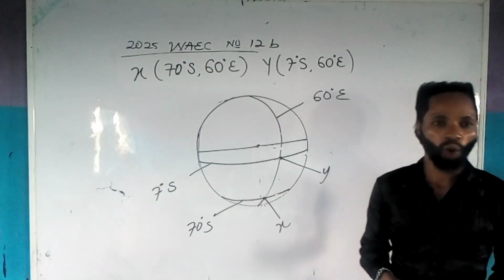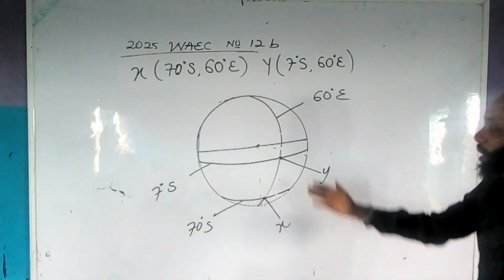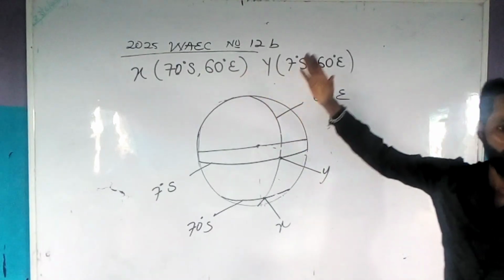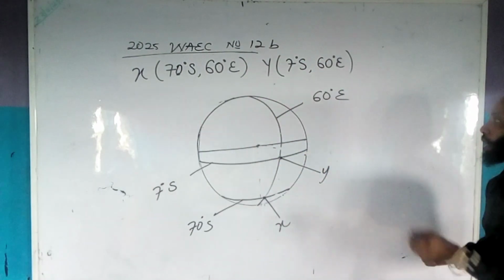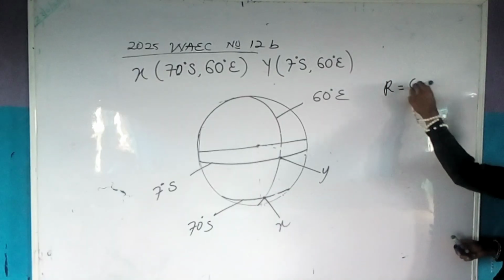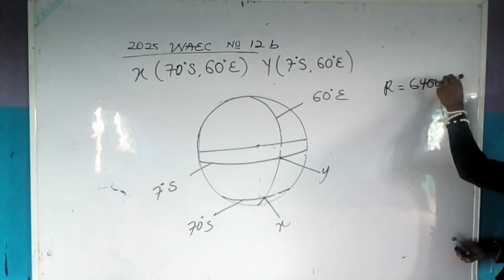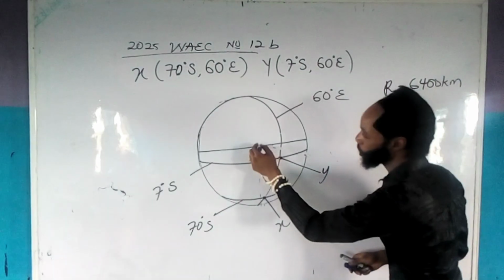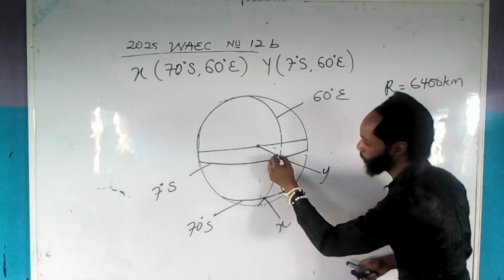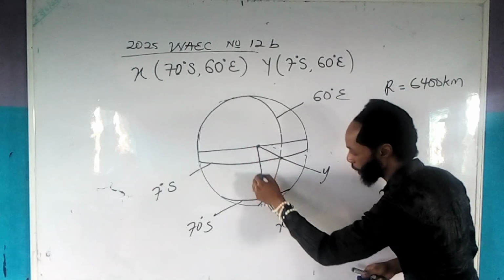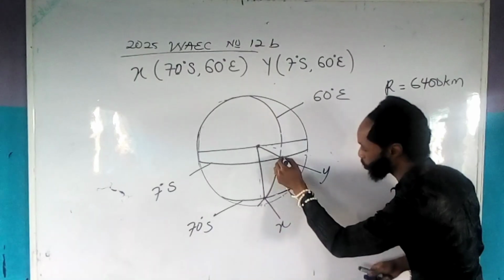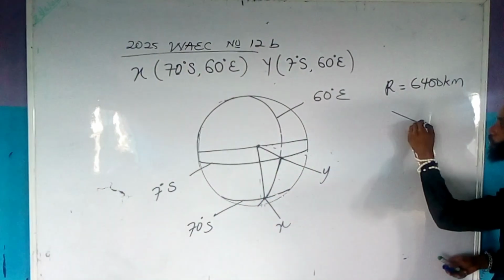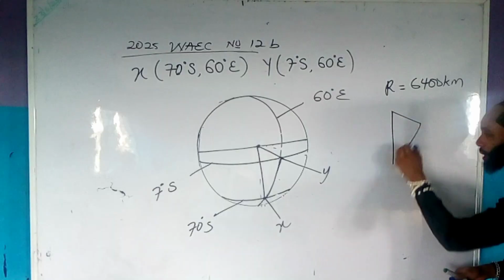And remember, once you're looking for a distance along the longitude, you are going to use your big R. Our big R has a constant value of 6,400 kilometers. So we're looking for this distance from X to Y. If you cut that shape out, you should be looking at something like this.